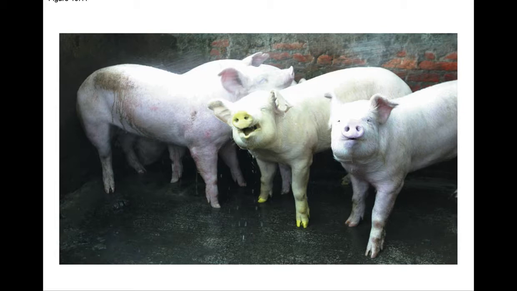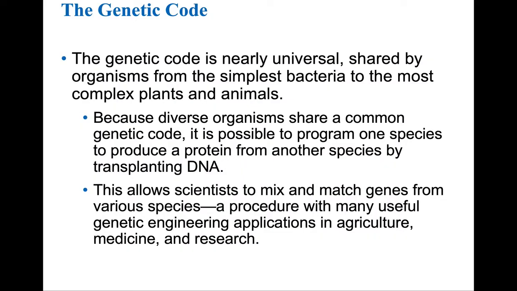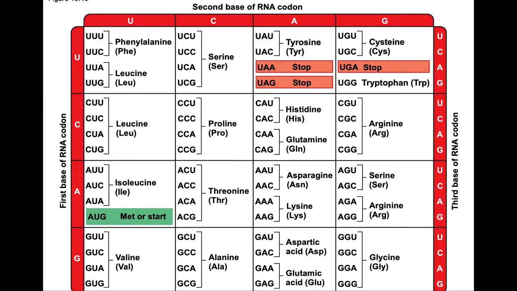Now, why is it important? Because of this whole thing called the genetic code, which I don't care for you to memorize at all. This chart we looked at a moment ago is true across the entire animal kingdom, plant kingdom, any kingdom.